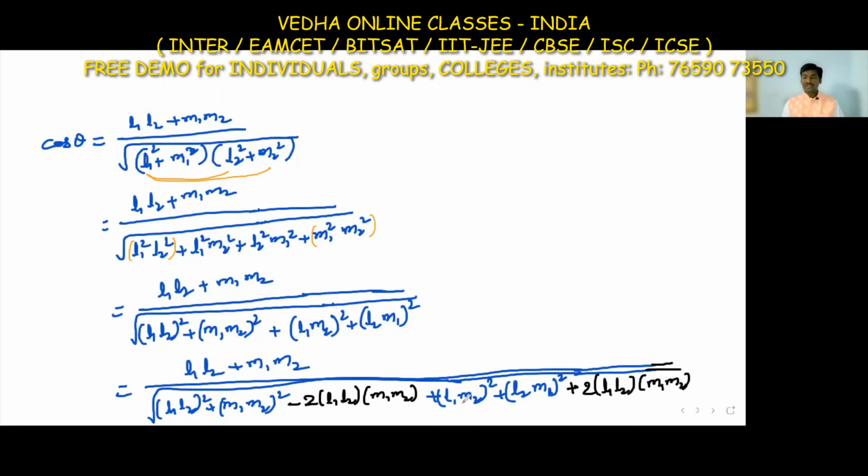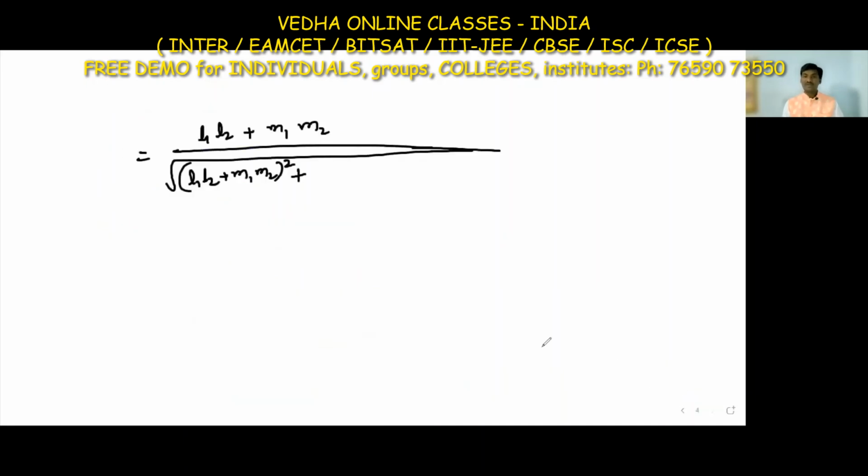Next, L1 M2 square plus L2 M1 square: L1 and M2 we have, L2 and M1 also we have. This is also 2AB, so A square plus B square plus 2AB is A plus B whole square. That means L1 M2 plus L2 M1 whole square.